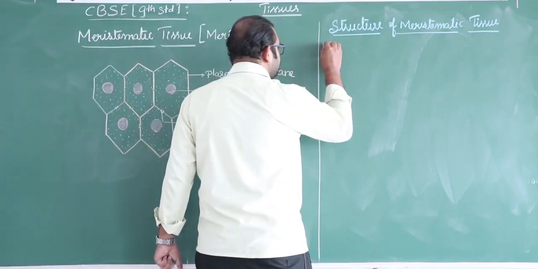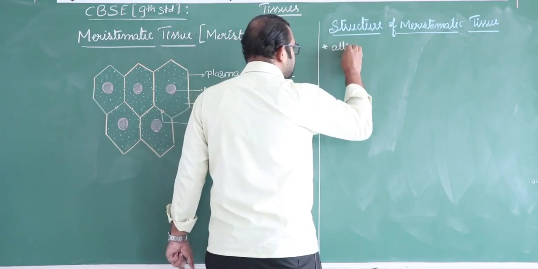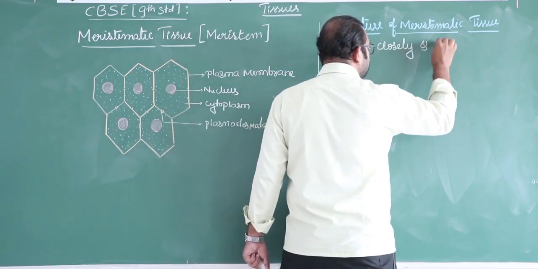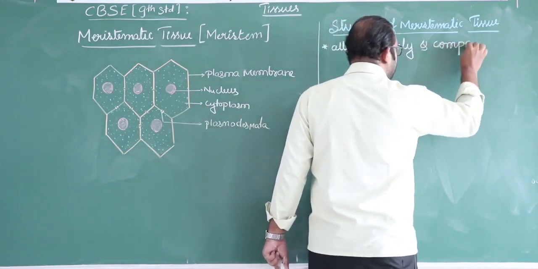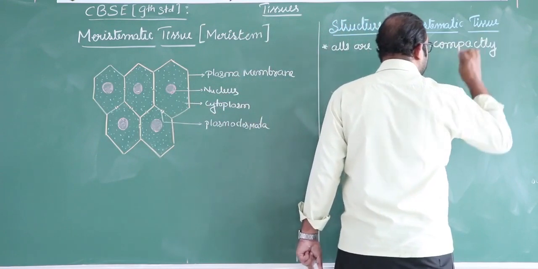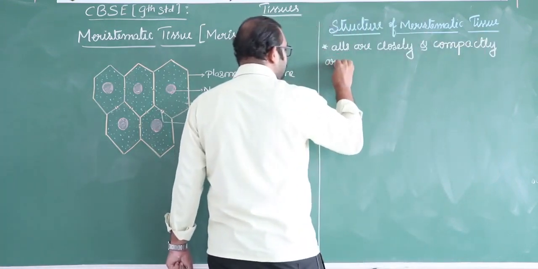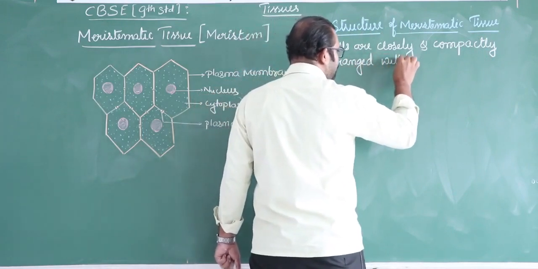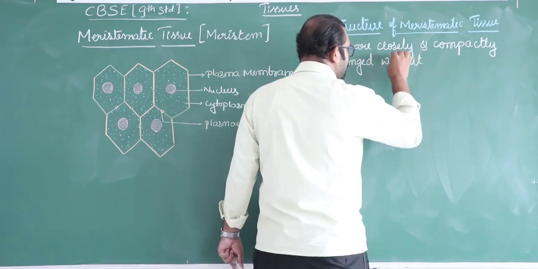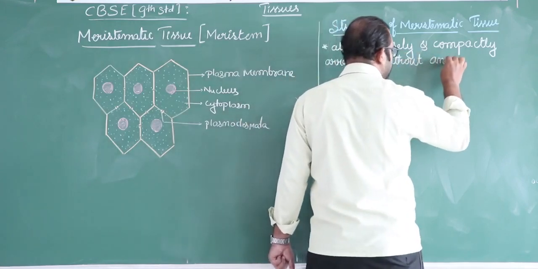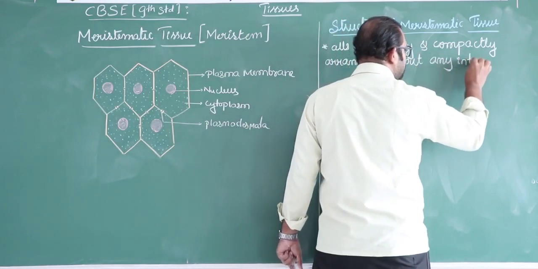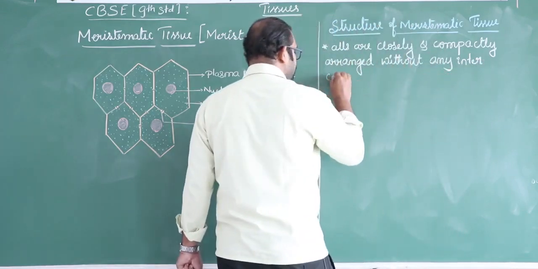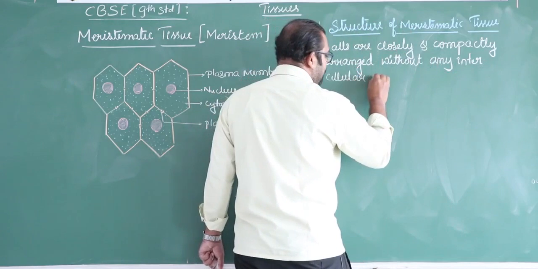The first character is cells are closely and compactly arranged without any intercellular space.